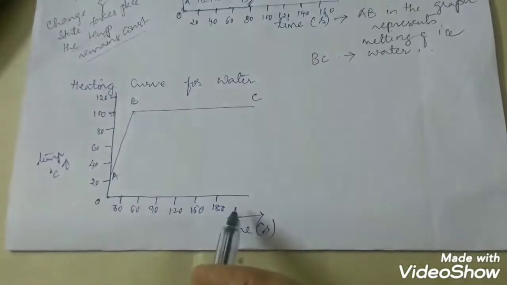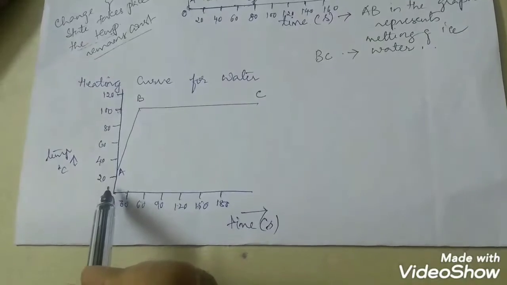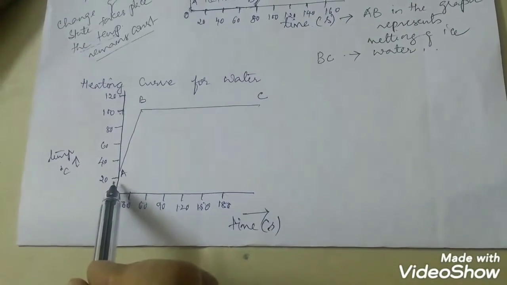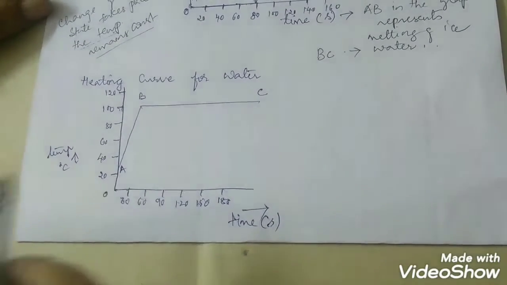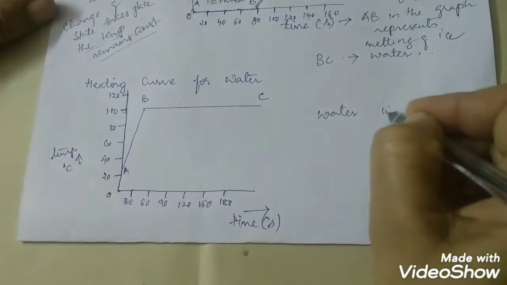Now, one more graph I have: the temperature-time graph for the heating curve of water. Here I have taken water, and the initial temperature of water is 20 degrees Celsius.